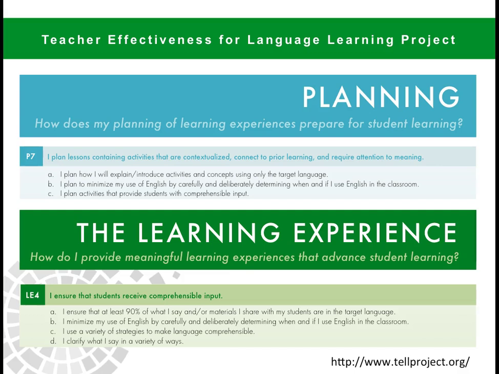Several points under this specific criteria are ensuring that at least 90% of what is said and materials that are being shared with the students are in the target language, minimizing the use of English by carefully and deliberately determining when and if the English language should be used, using a variety of strategies to make the language comprehensible, and clarifying what is being said in a variety of ways.